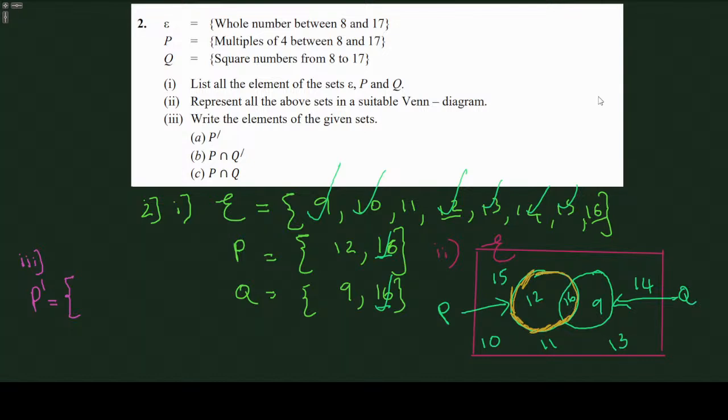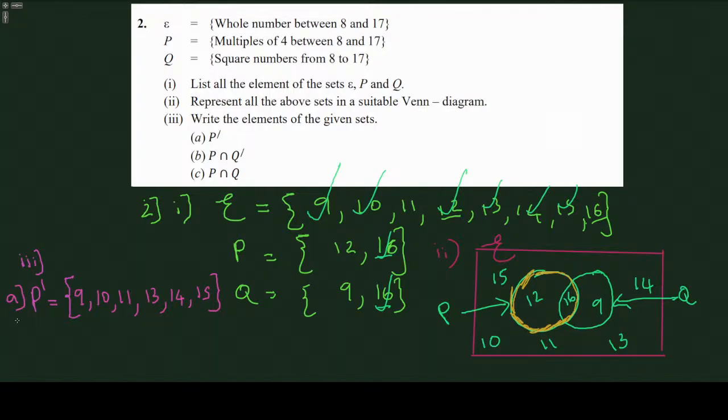Those are the things which should come to the set of P complement. So what are the items? 9, 10, 11, 13, 14 and 15. Right, that's part A of Roman 3.